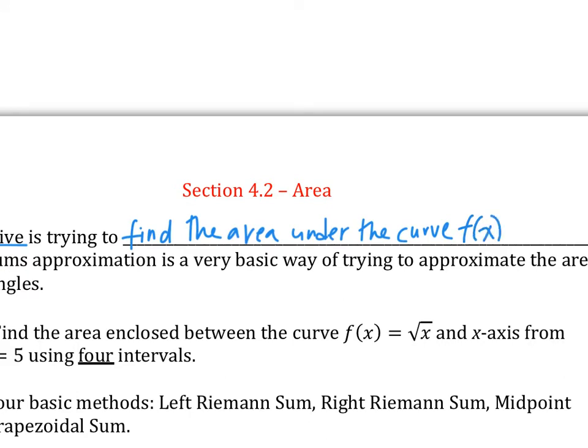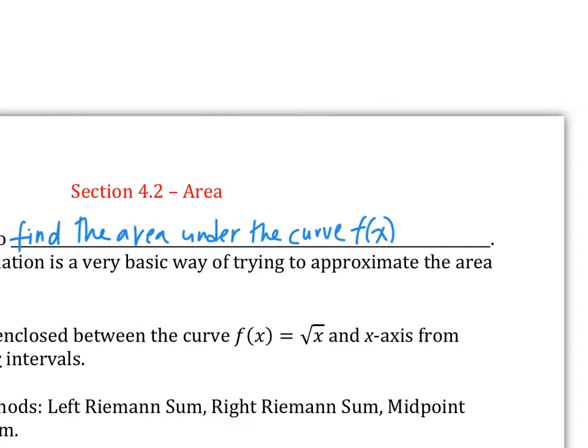And we're not looking for all the area under f of x. We're looking for the area between f of x and the x-axis. So under the curve f of x and then the x-axis. So we're finding the area in between, or else we're always going to find an infinite amount, right? It goes down forever. That's not what we're looking for. It's between that curve and the x-axis, just that part.